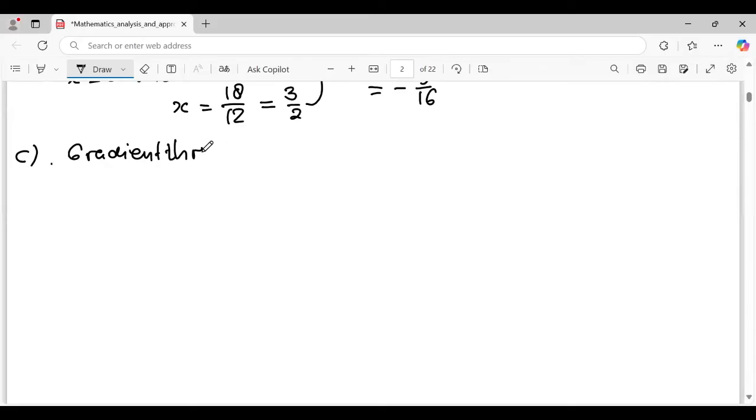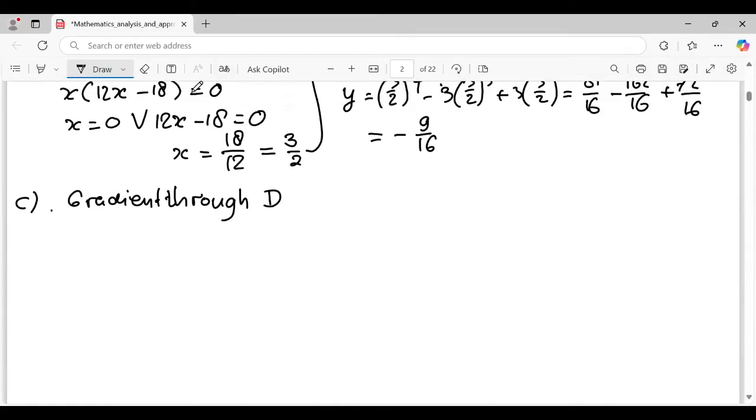Gradient through coordinate point C, 3/2 and minus 9 over 16.